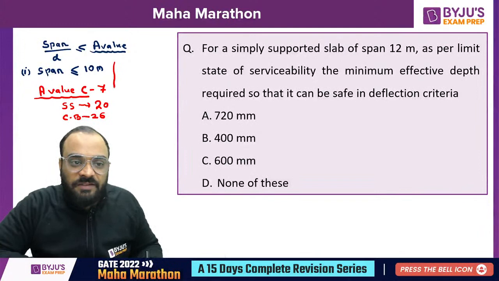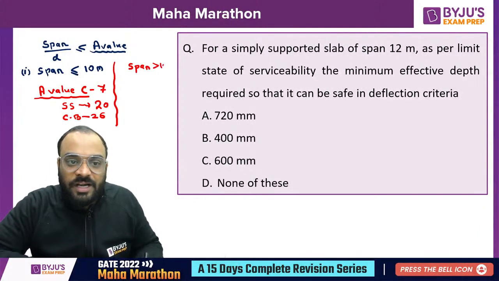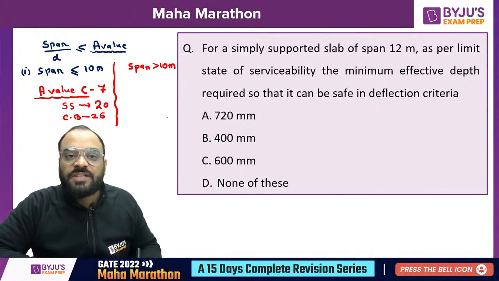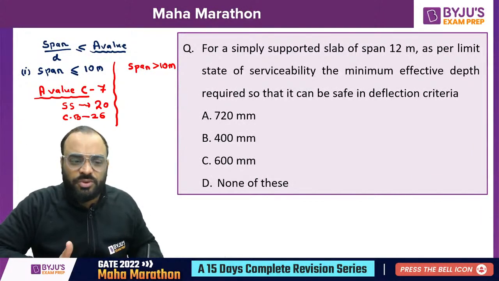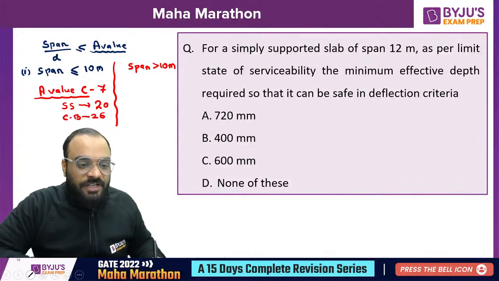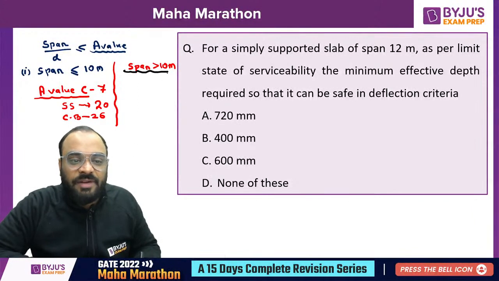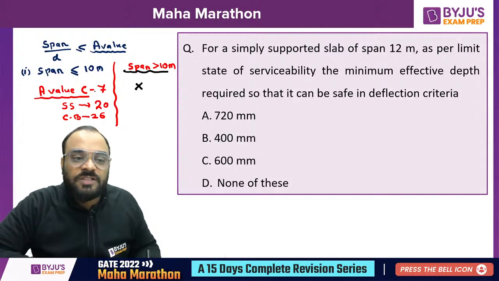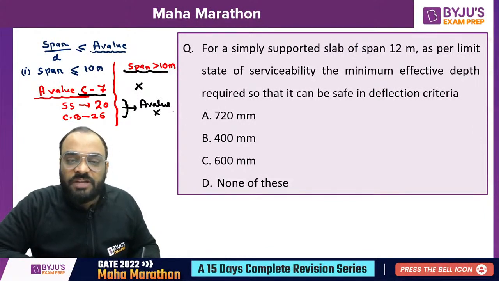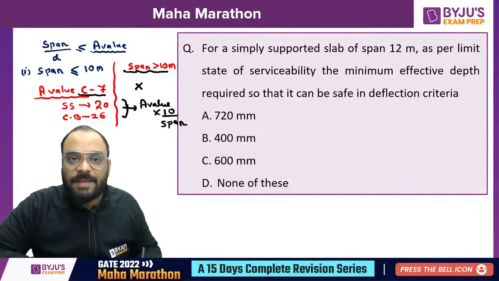But if the span increases and becomes greater than 10 meter, then you need to change the value of A. In this case, there is no modification for the cantilever. But if you have a simply supported or a continuous beam, then A value should be modified by multiplying it by 10 by span value. Clear? This is the first type of modification.